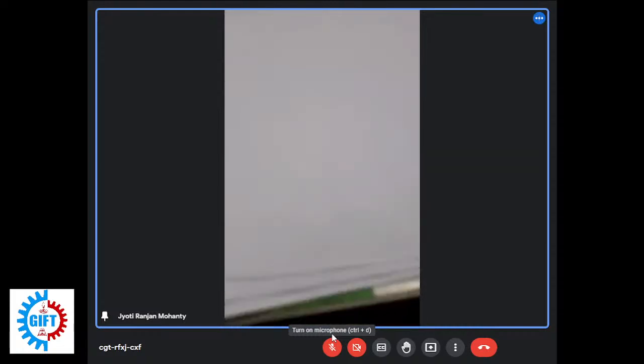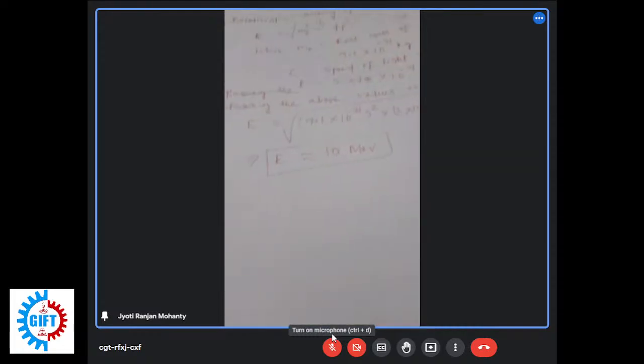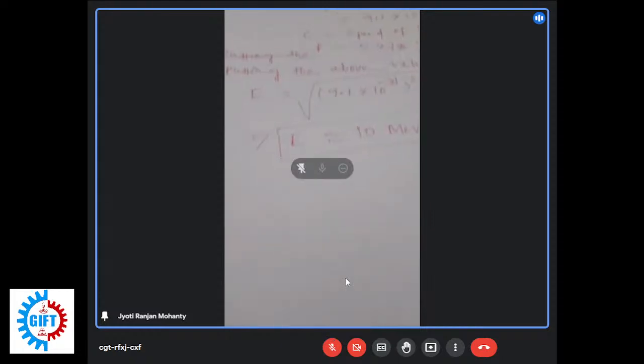That means if an electron exists inside the nucleus, then its energy must be of the order of 10 MeV.